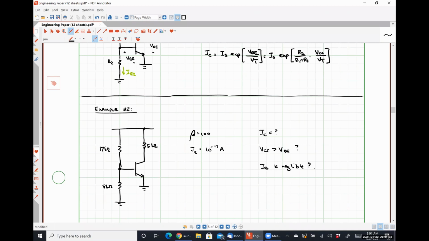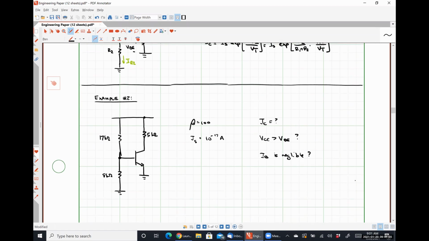All right, so solving this guy is actually fairly straightforward, right? So we can see that IC is 10 to the negative 17 amperes times EXP of 8 kilo ohms over 25 kilo ohms times 2.5 volts over 26 millivolts gives us 230.625 microamps.